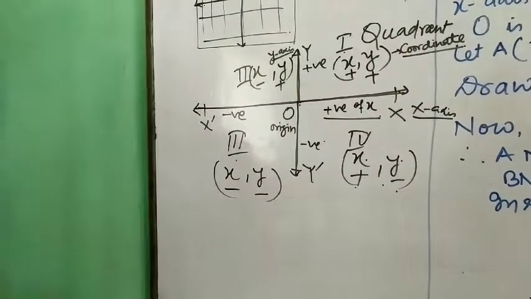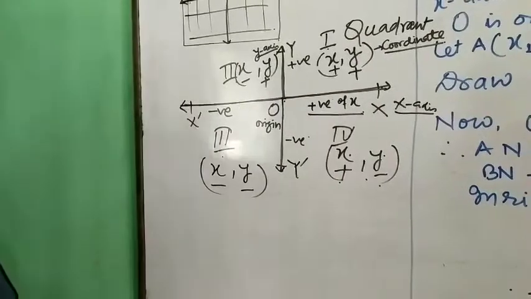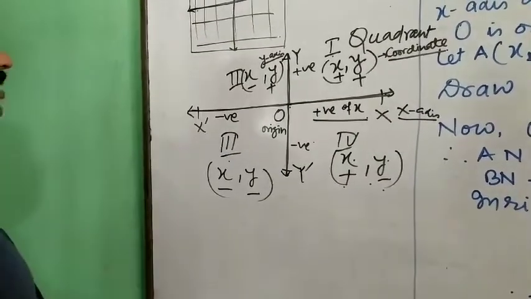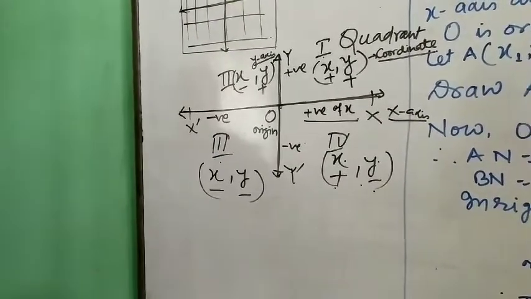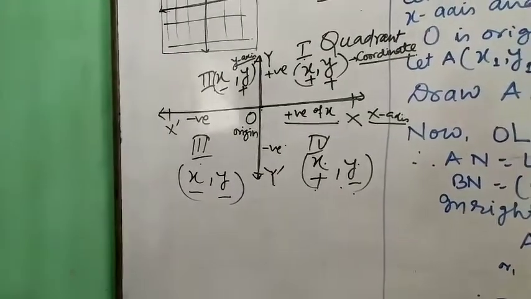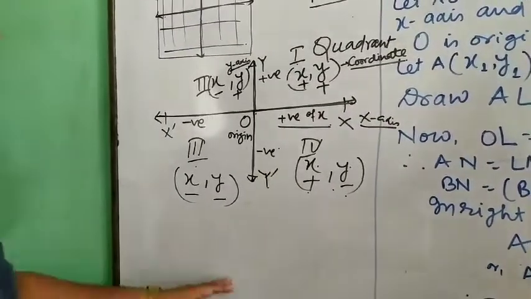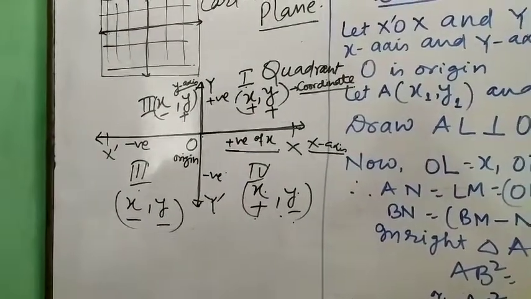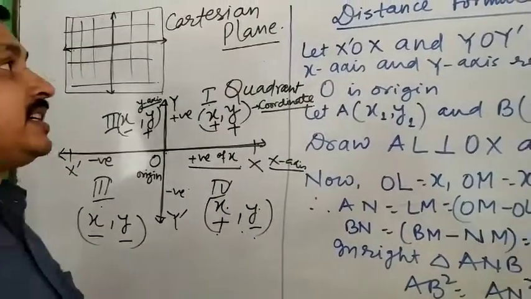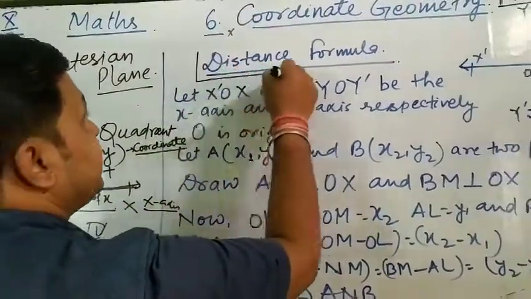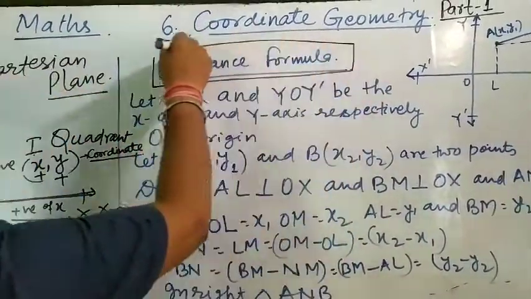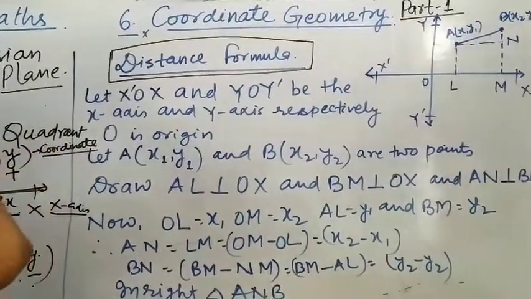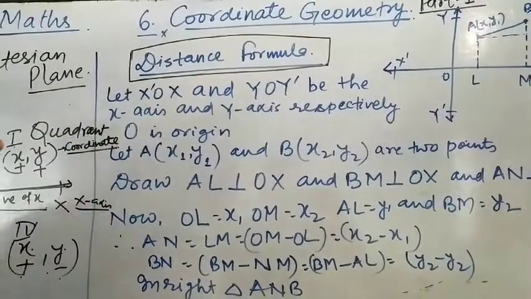Now, these are the coordinate geometry facts. Now we should discuss the distance formula, which is the main motto of coordinate geometry.